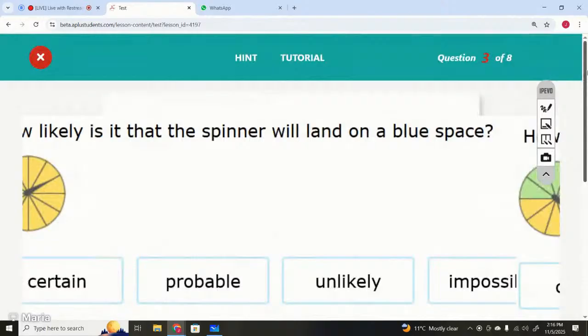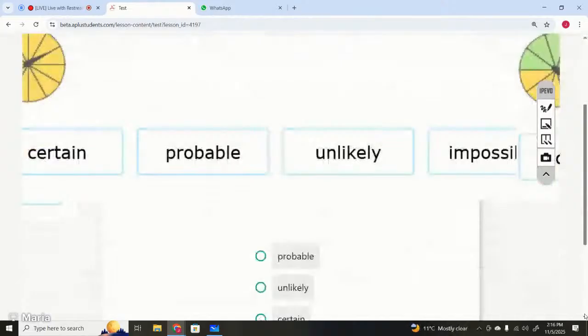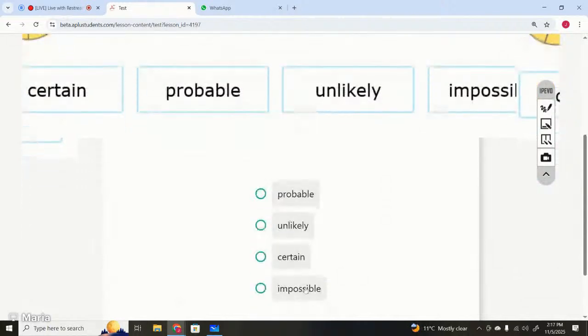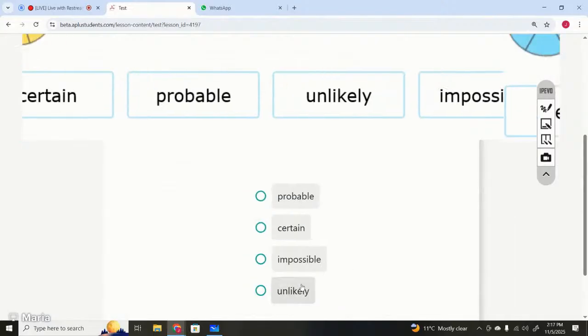So the option is impossible because we do not have any blue portion here. Impossible to land on blue color. Got it?